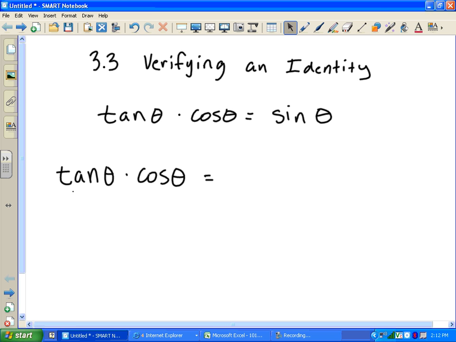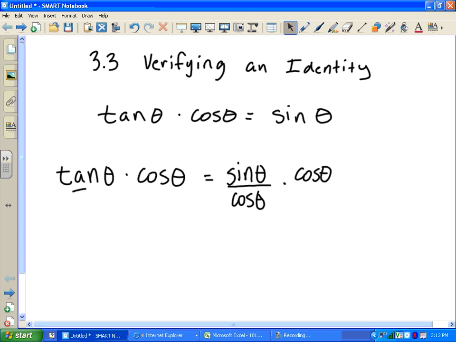Let's change tangent to terms of sine and cosine. That gives me sine of theta over cosine of theta, so that's rewriting tangent, times the cosine of theta. At this point we probably see why that's sine.